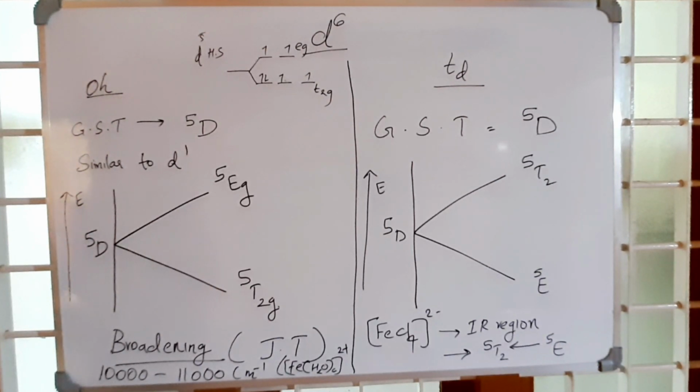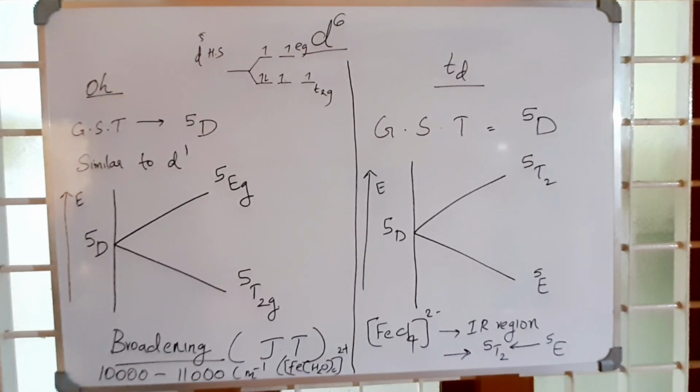Now consider the D6 tetrahedral complex. Consider the right part of this board, and normally Fe2+ forms many tetrahedral complexes. The ground state term will be 5D, and normally only a single absorption band appears, due to the transition from 5E to 5T2.